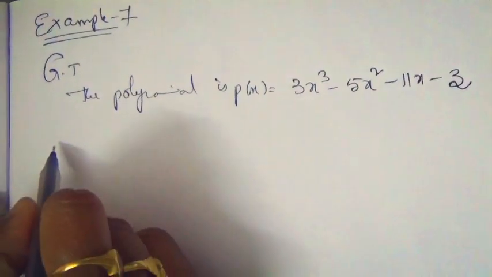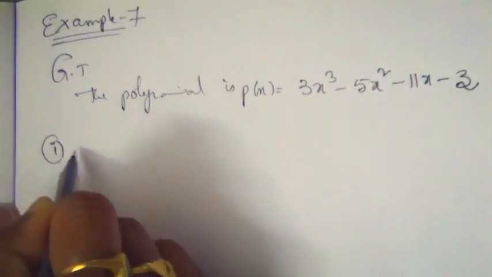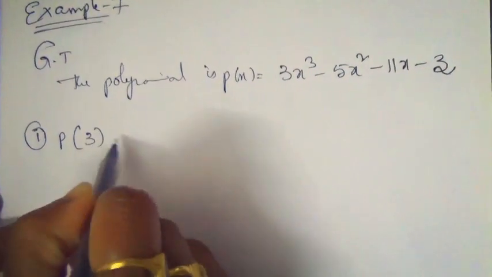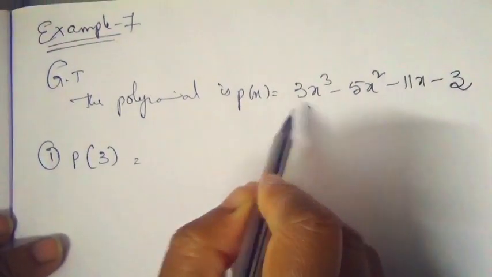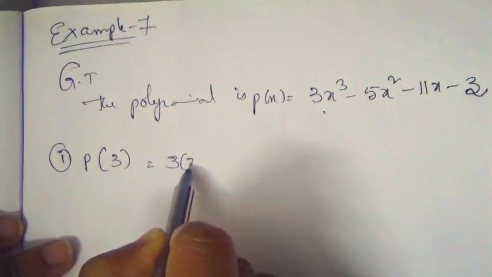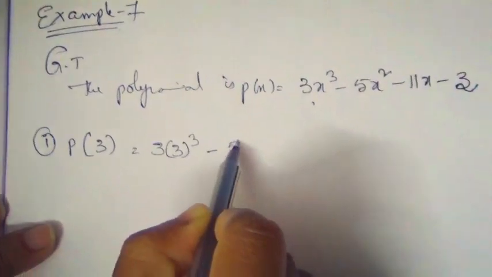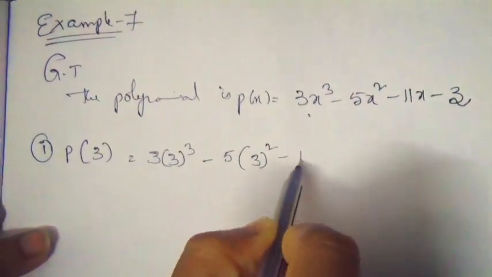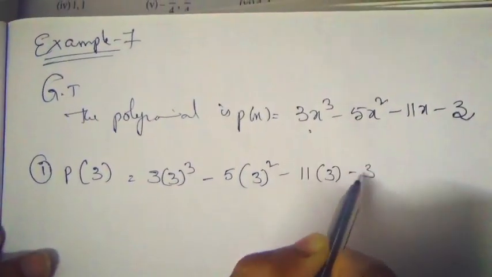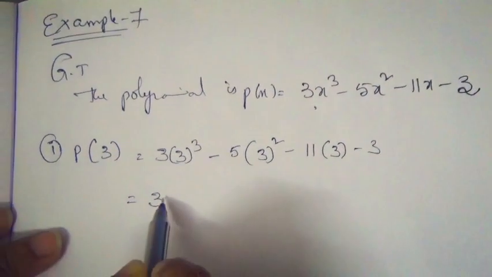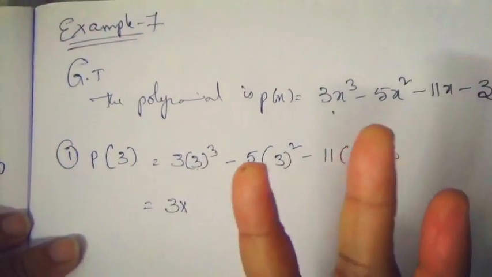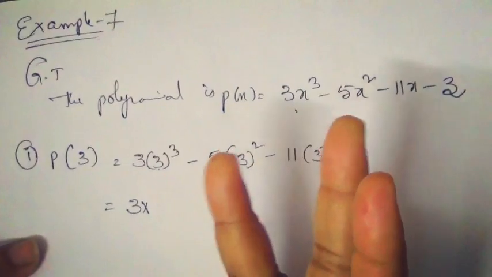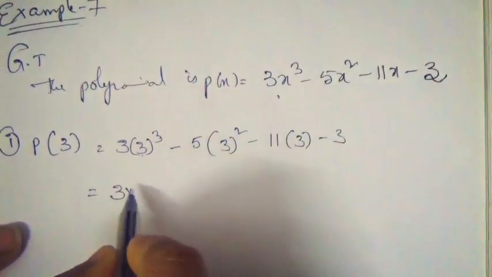First of all, I want to check the first one, that is p of 3. So substitute 3 in the place of x: 3 of 3 cube minus 5 of 3 square minus 11 of 3 minus 3. That is 3 into 3 cube; 3 has to be multiplied 3 times, 3 threes are 9, 9 threes are 27.